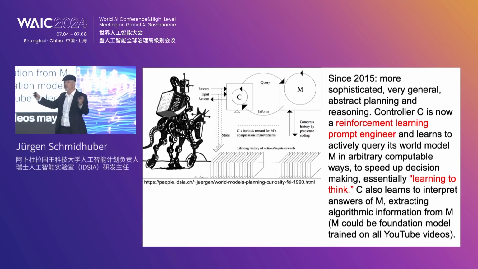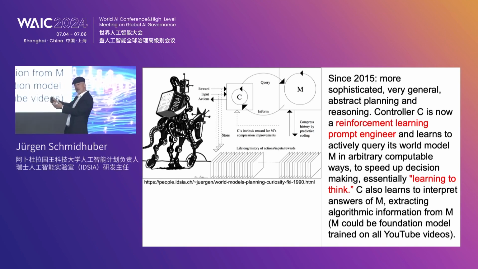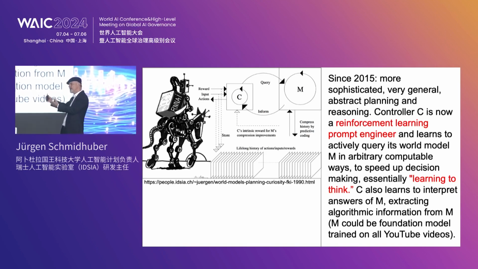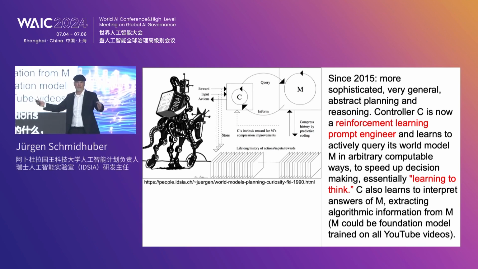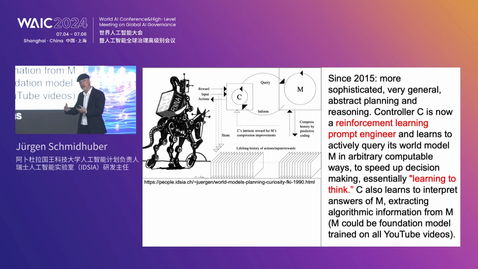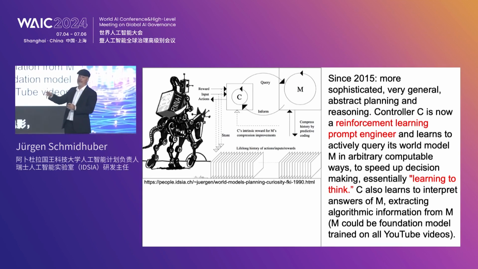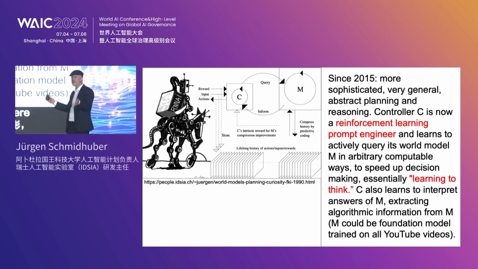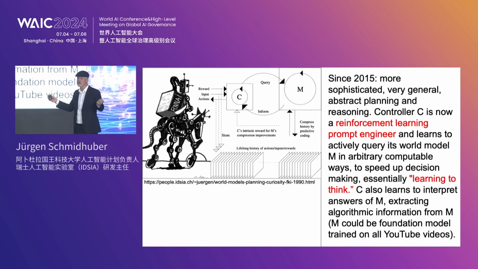Maybe it's a foundation model, maybe it's something else, but it has a lot of algorithmic information about all kinds of actions, because YouTube is full of movies of robots that throw things, and humans that throw things, and kids that throw stuff. So there's a lot of information in YouTube videos about how to throw stuff.